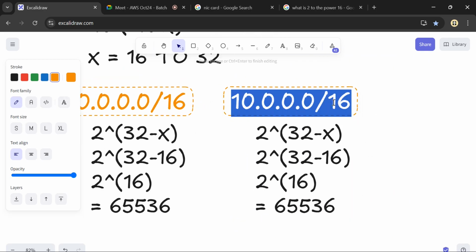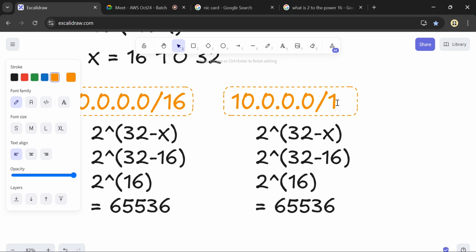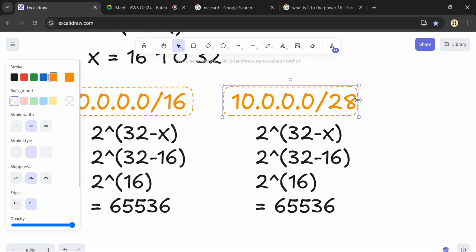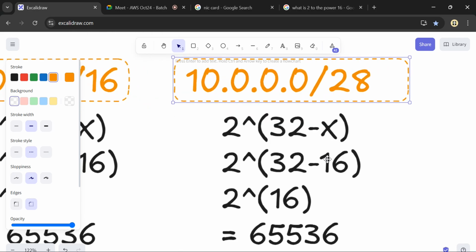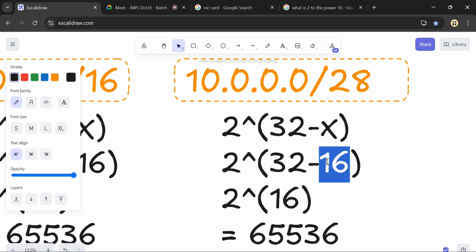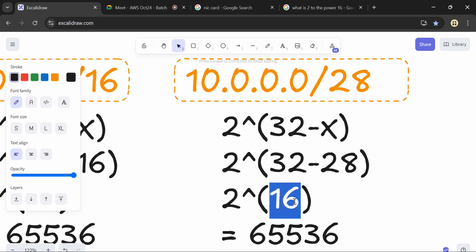So let's say you have a CIDR block slash 28. If you have a CIDR slash 28, how do you make the calculations? So again, instead of 16, let me just put it here as 28. That is 32 minus 28, which will be equal to 4.